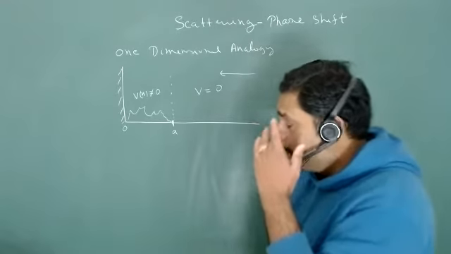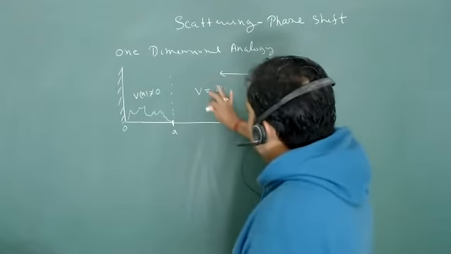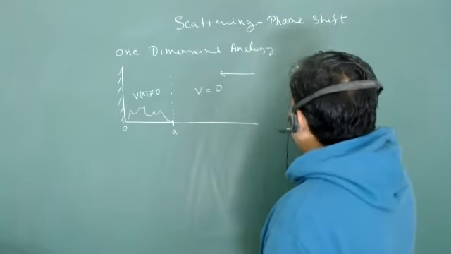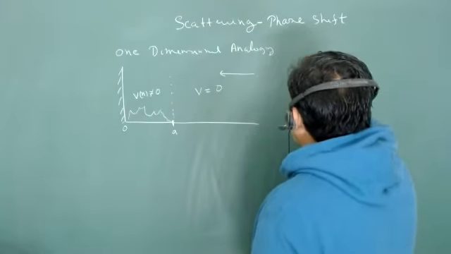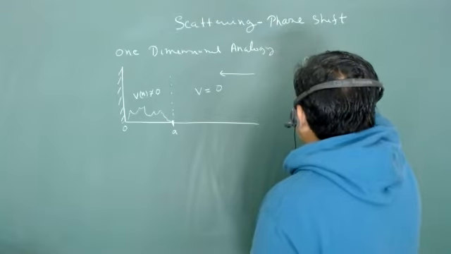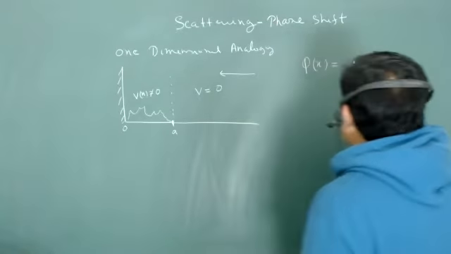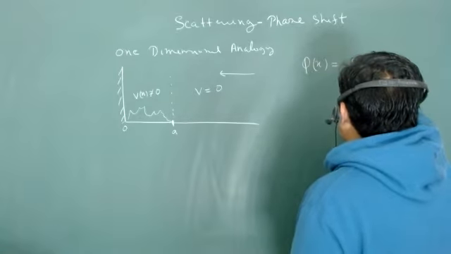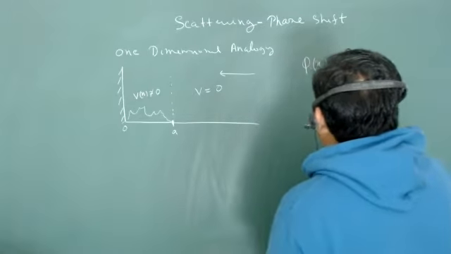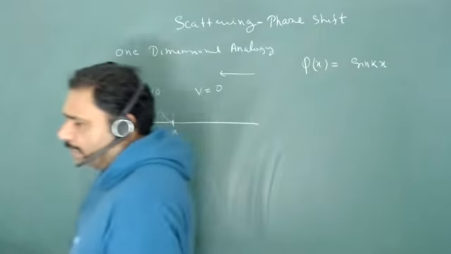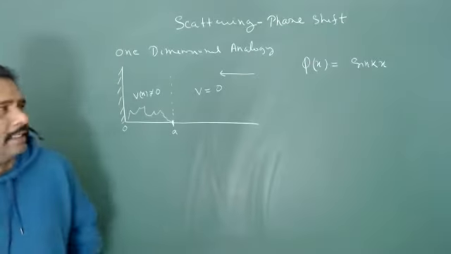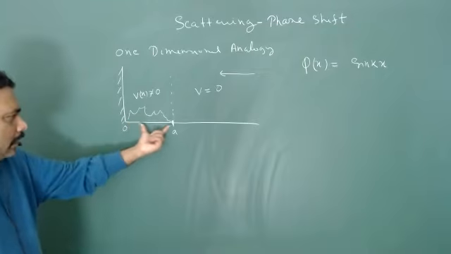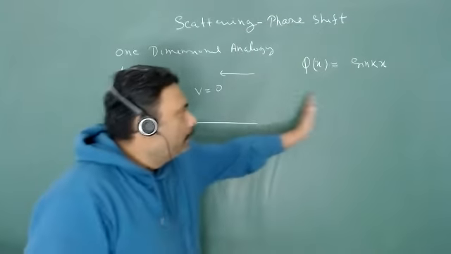So obviously in this region where we have my potential, my wave function is something like phi(x), and let's say this is a function of sin kx, something like phi(x) is equal to sin kx. And this potential is a very small range potential. Basically, this range is very small, incomparable to this one.